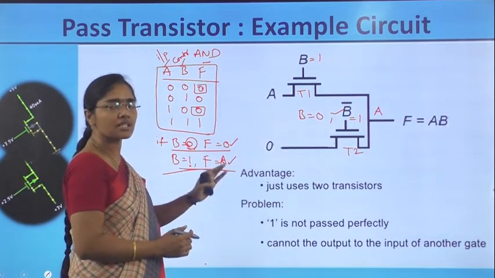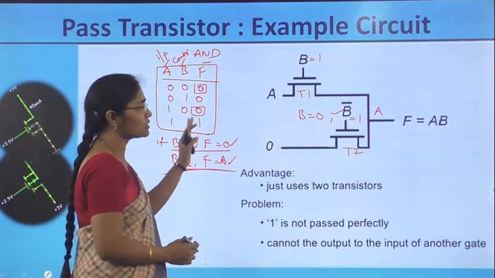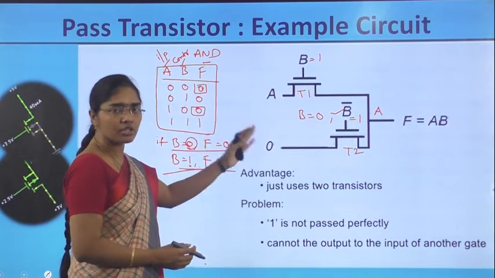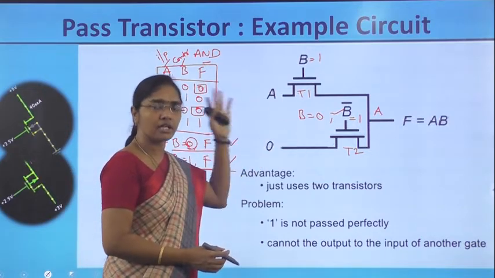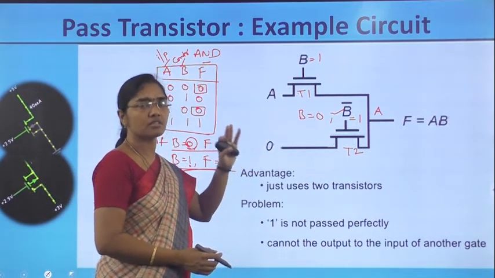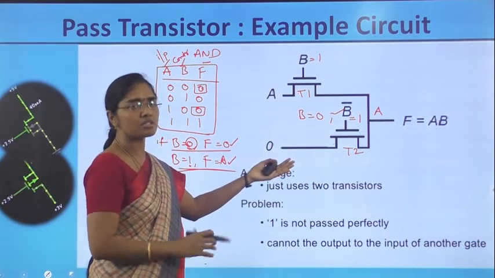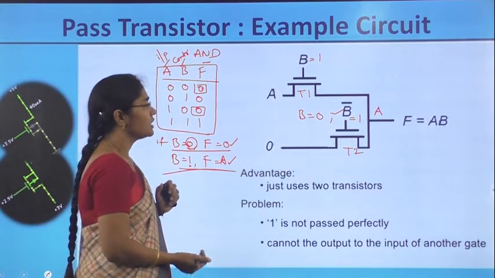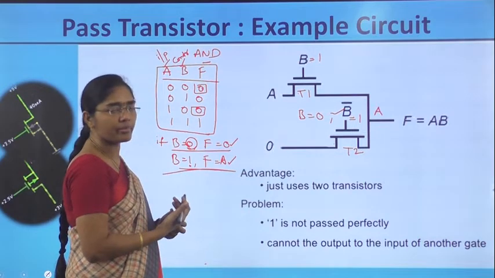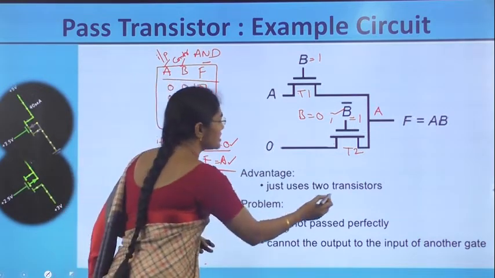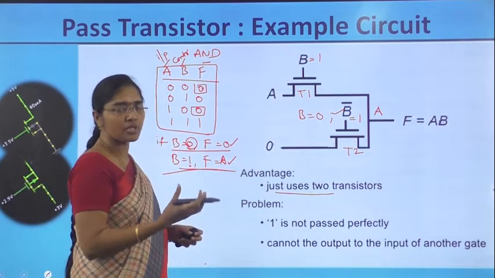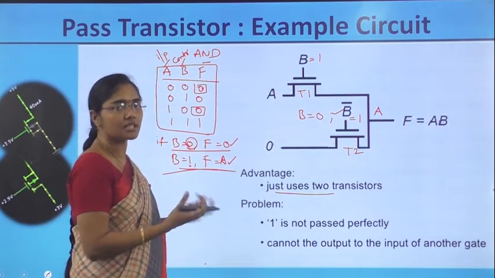Like this we can construct any logic function based on the truth table, starting from the NOT gate to the AND gate, OR gate and all the gates, universal gates, logic gates and logic functions, even some complex functions also. Then the advantage of the use of pass transistors is that it uses few transistors when compared to static CMOS and other logics.